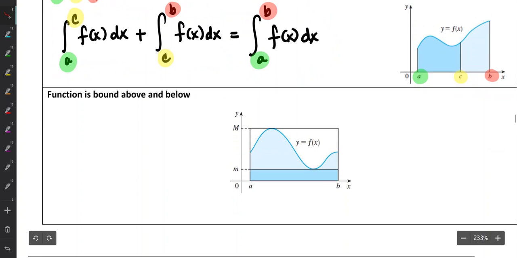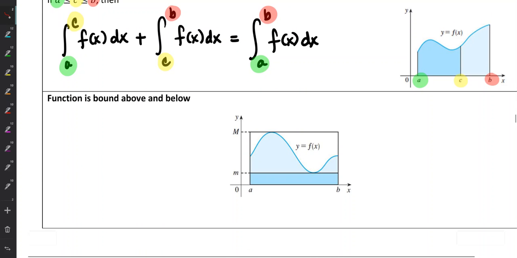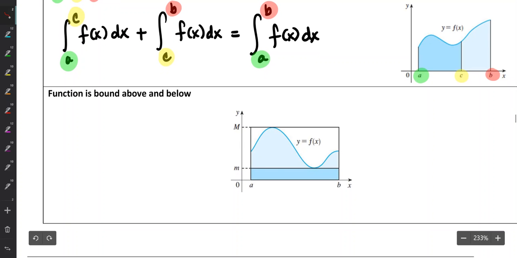Right? And our last one, this one is going to come up for us in a proof of the fundamental theorem of calculus. Let's just talk about it visually. So notice here that this area, this rectangle, that area is the length, or here, the base here, it's b minus a, times the height, m, b minus a, times that little m.